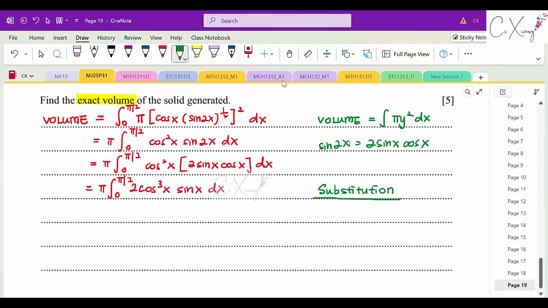Alright? Okay, in general, we actually did learn one substitution technique indirectly in the formula that we learned before in the syllabus. It is f prime x over fx. Basically, when you try to integrate f prime x over fx, we actually directly memorize the formula, which is ln fx plus c.